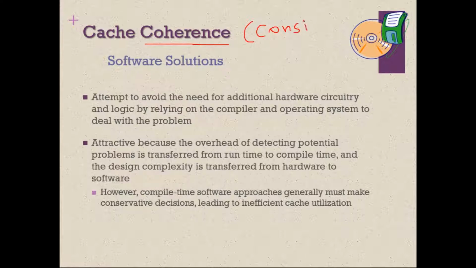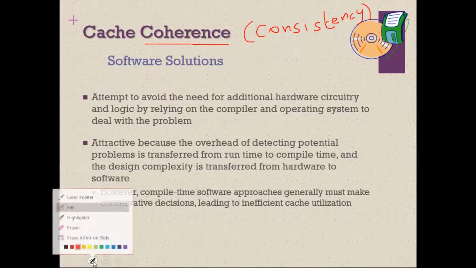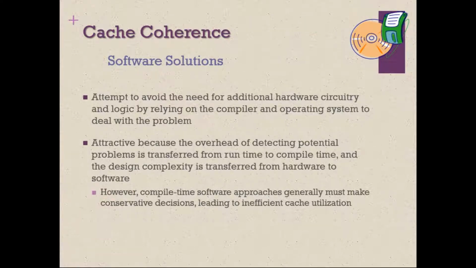In computer science the term may be used in a different way, but you have to understand it properly. Here, cache coherence problem means the cache creates an inconsistency problem. Our objective is to make the cache consistent, from inconsistent to consistent.